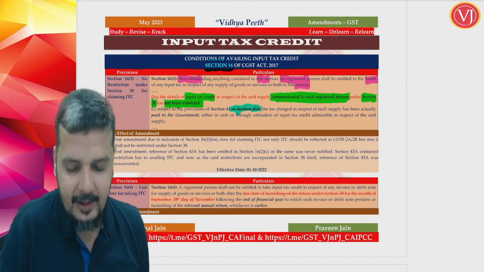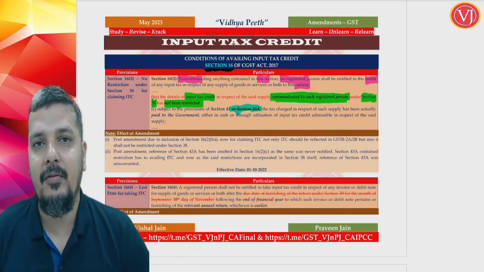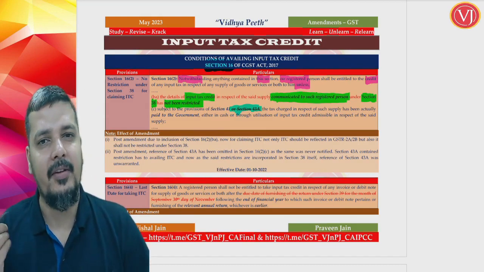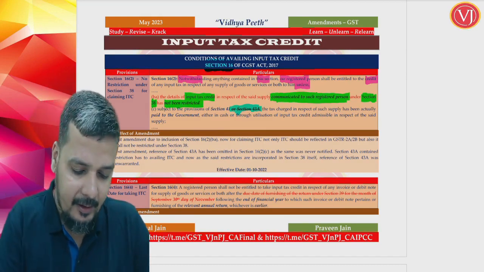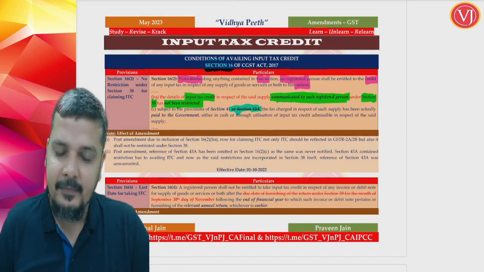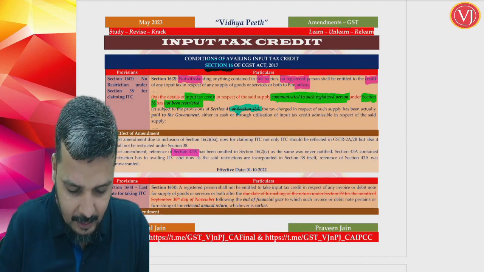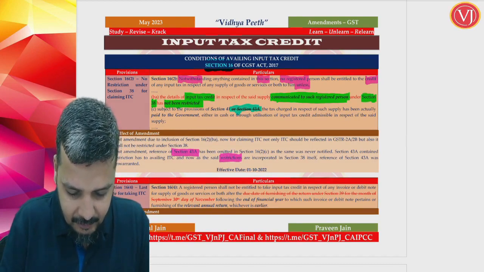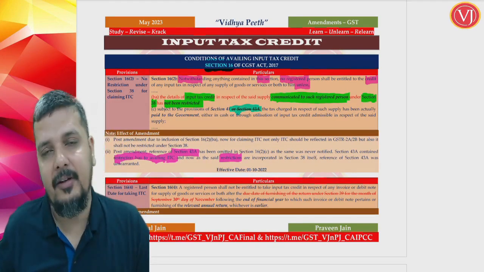Now, wherever in the entire GST law there was a reference to section 43A, that reference is removed because section 43A itself is omitted. If you want to understand the logic, it is pretty simple. Section 43A was all about restrictions on availing input tax credit.